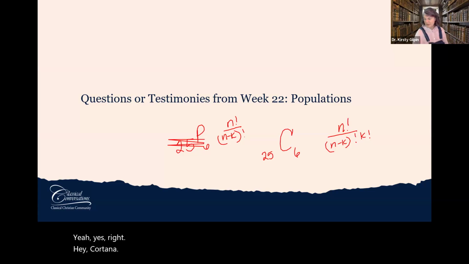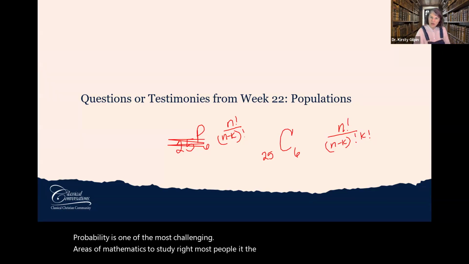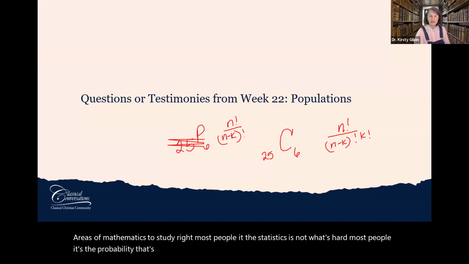I will tell you that I love statistics. Probability is one of the most challenging areas of mathematics to study, right? For most people, statistics is not what's hard. It's the probability that's hard. If you take a probability and statistics class, it's the probability that's hard.